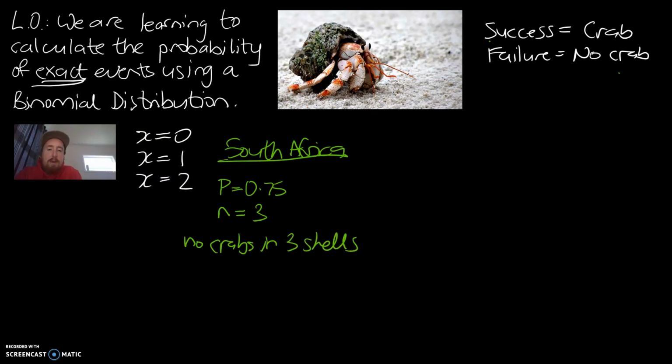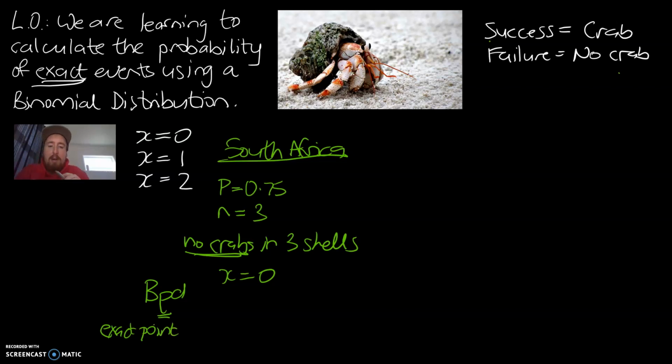In our case, we've defined success as the number of crabs. So no crabs would therefore be equal to x equals 0, so 0 crabs or 0 successes. And with these 3 variables, p, n, and x, we'll be able to use our graphics calculator mode. Just a reminder, we're using BPD, where B stands for binomial distribution and the P stands for an exact point.